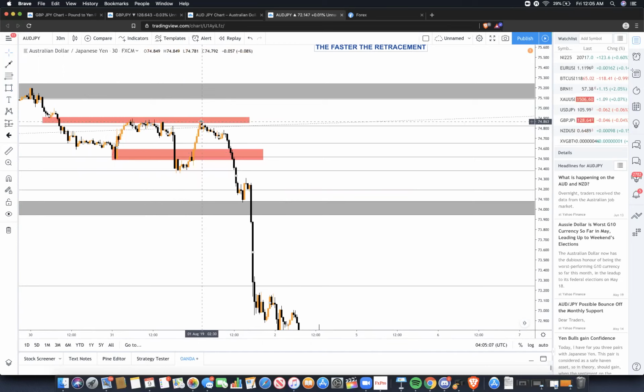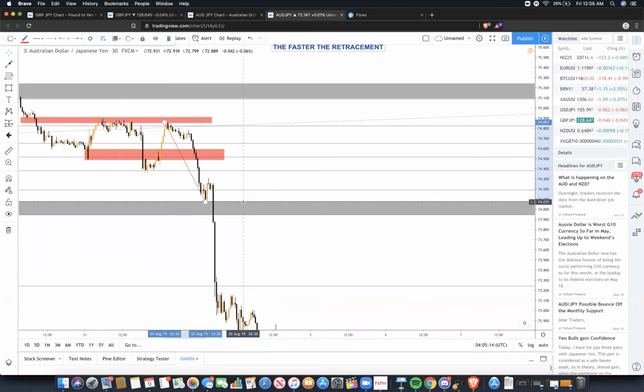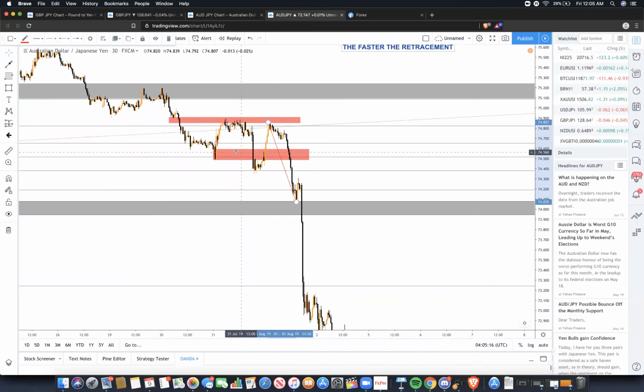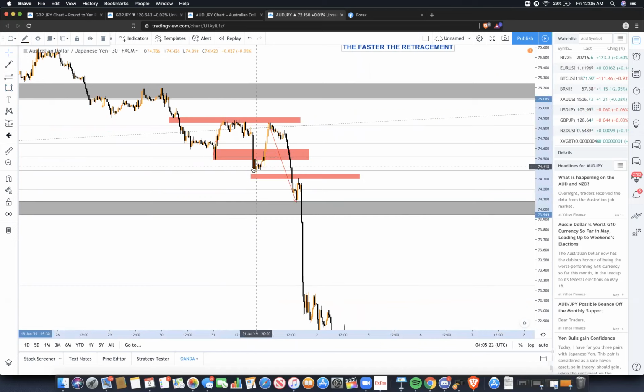The area above. So what happened? The market came down, broke even stronger. This time, notice where the market broke. It broke this area here.